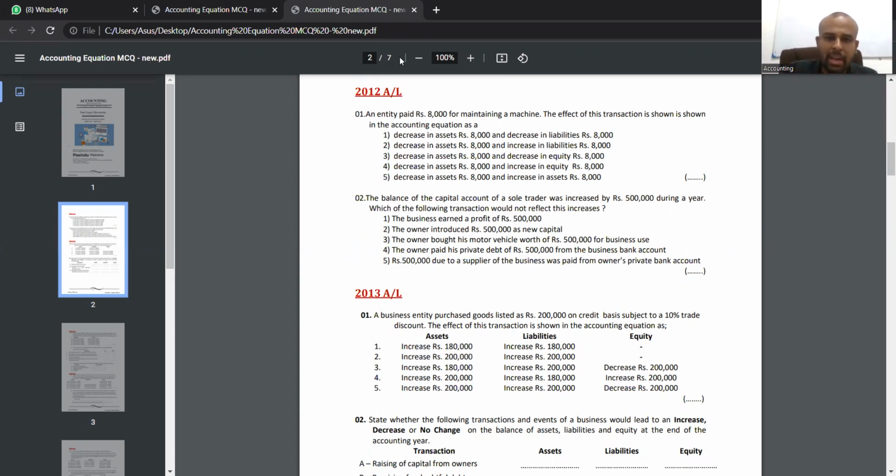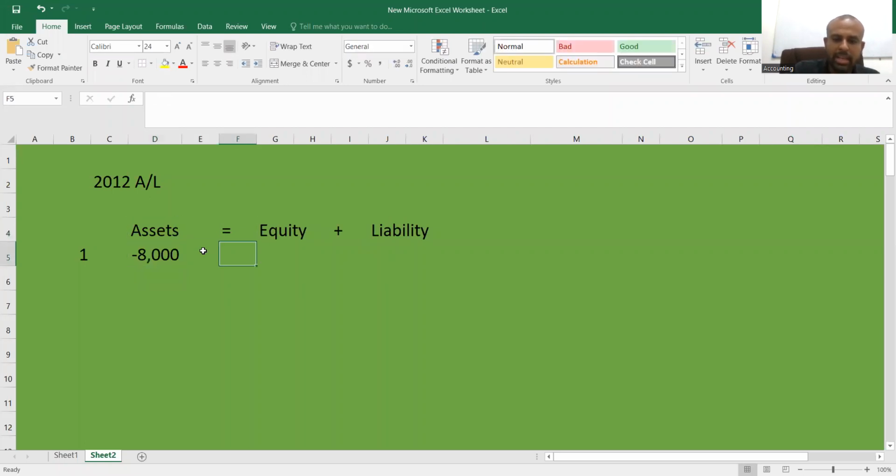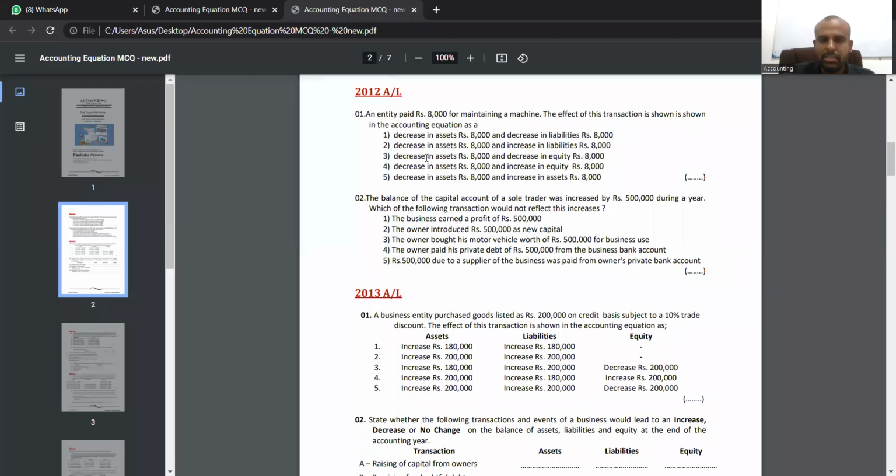So in that case, what will happen, Putha? Your assets balance reduces by 8,000 because you are paying out of cash. Then your cash balance decreases by 8,000. On the other side, you are incurring an expense. Expenses reduce your equity. Assets decrease, equity decreases because it is an expense. As you all said, the third one is the correct answer.